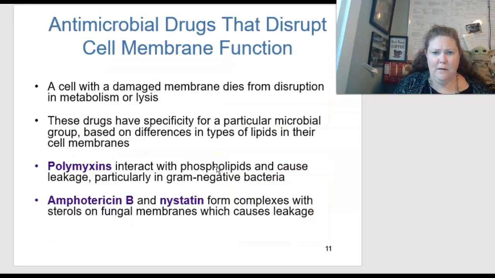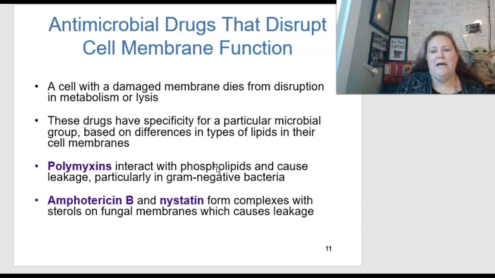So antimicrobial drugs that disrupt the cell membrane function work by leaving a cell with a damaged membrane. This is going to cause it to die from the interruption of metabolism or lysis, that breakdown. And these drugs have specificity for a particular microbial group, based on differences in types of lipids in their cell membranes.